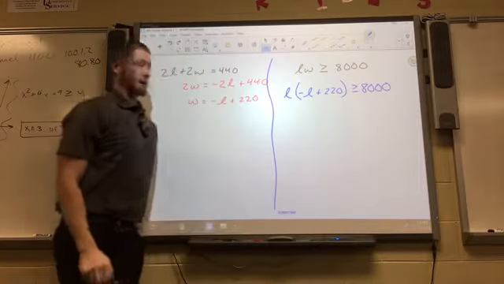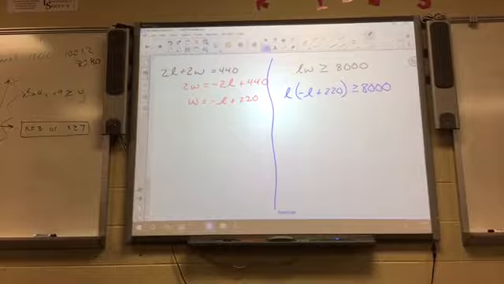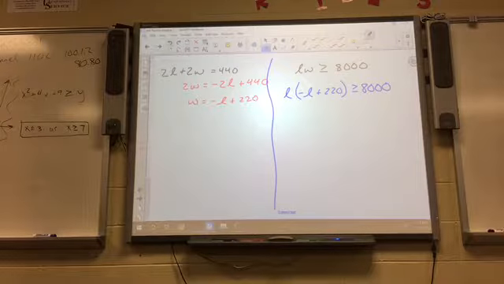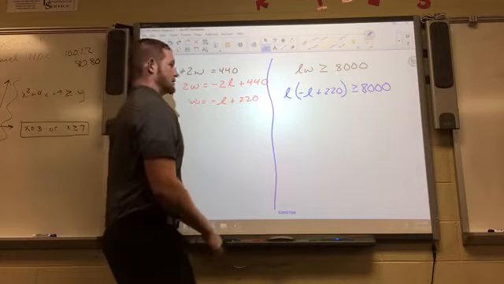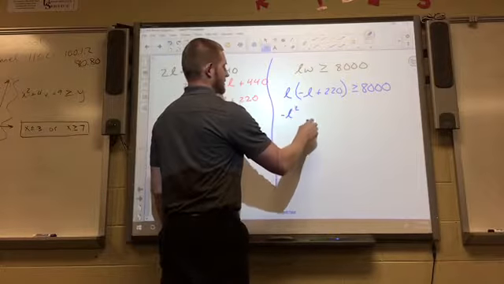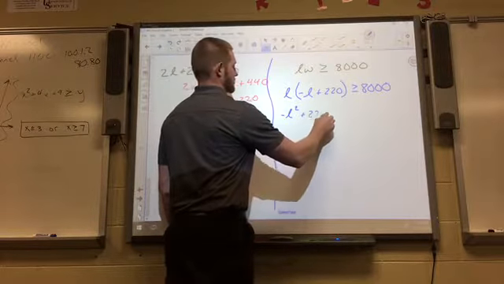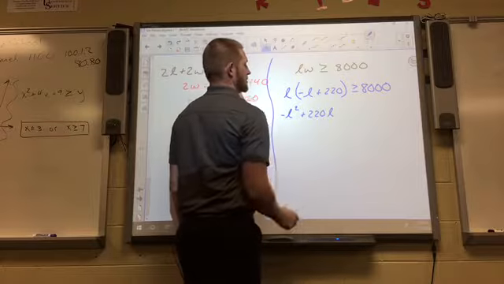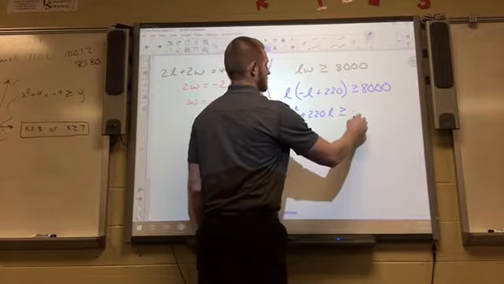Okay, does everybody now see why I solved for W? Yes. My W's are gone now, and all they wanted us to find was my possible length. So now I'm going to have an equation with just L's. Negative L squared plus 220L is greater than or equal to 800.